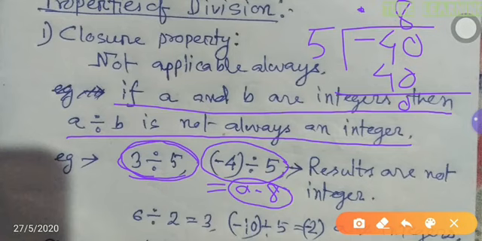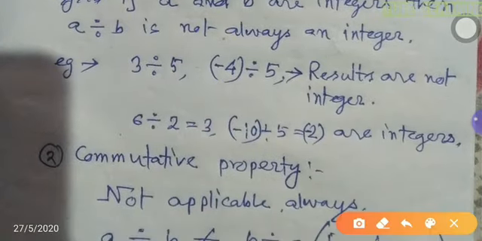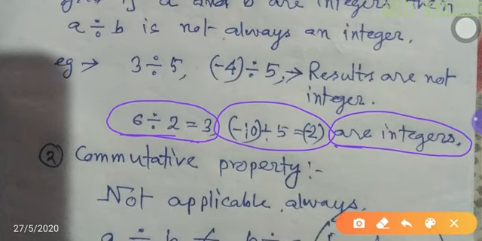So the closure property is not always applicable. But see here: 6 divided by 2 equals 3, and minus 10 divided by 5 equals minus 2. These are integers. So in some cases it is applicable, in some cases it is not.